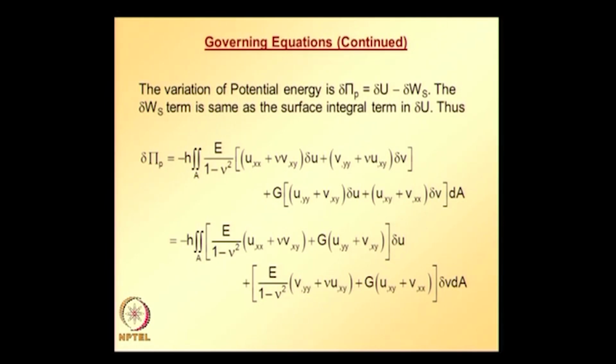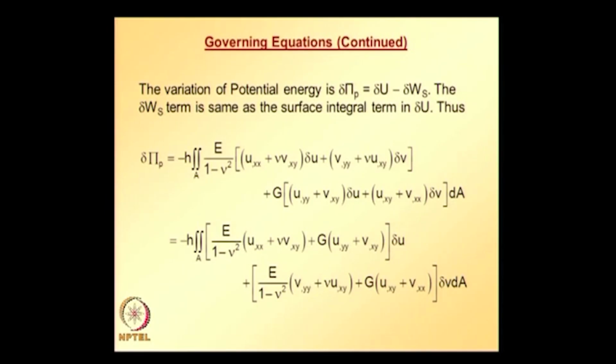The variation of Pi is going to be 0 only under the condition that the integrand in the first integral is equal to 0 and the integrand in the second integral is 0 independently, because the variation of u and the variation of v are arbitrary and non-zero.